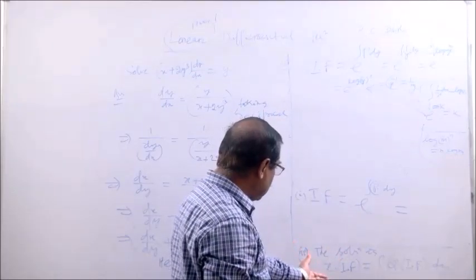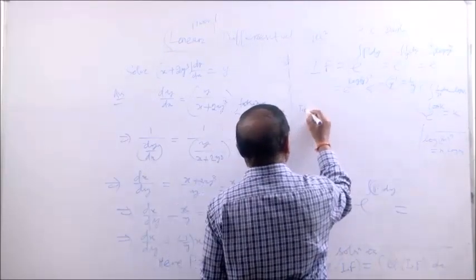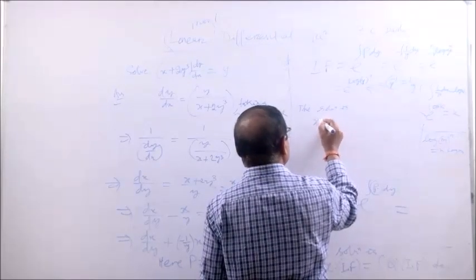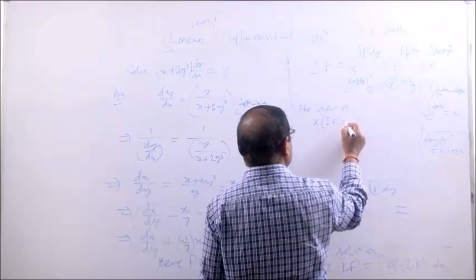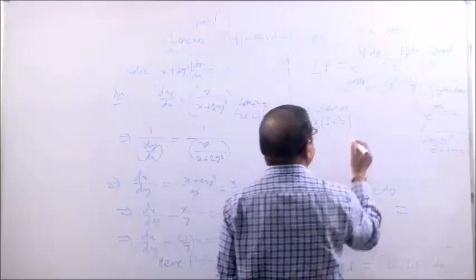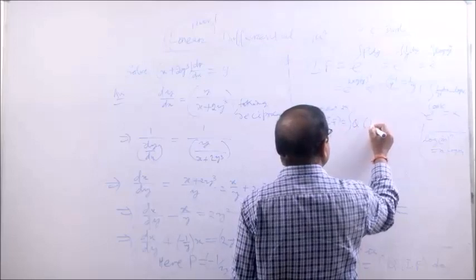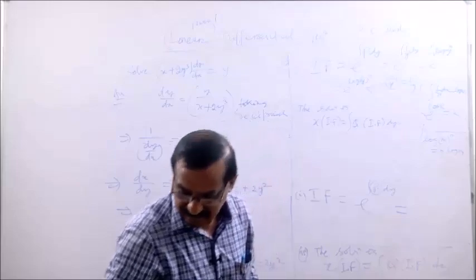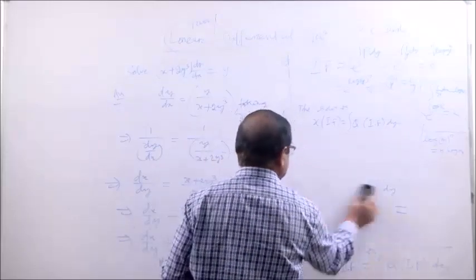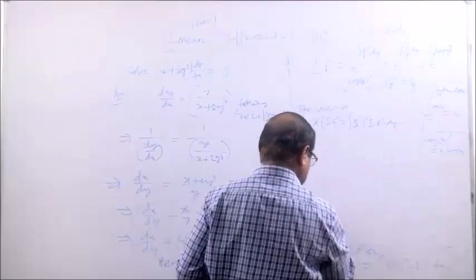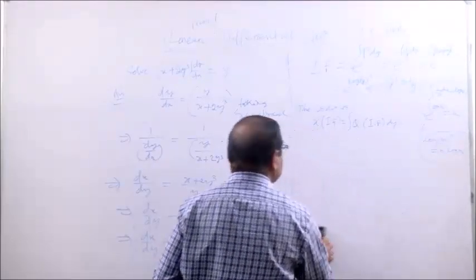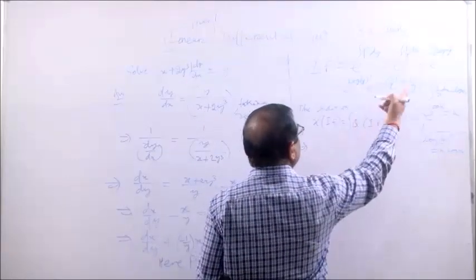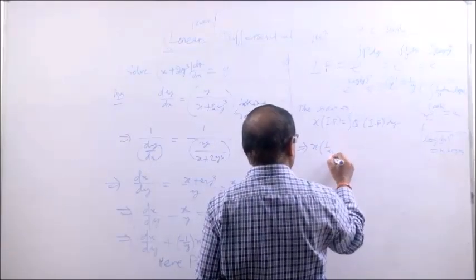Now, the solution is x into IF is equal to integration of Q into IF dy. IF is 1 by y.